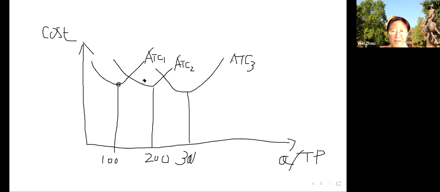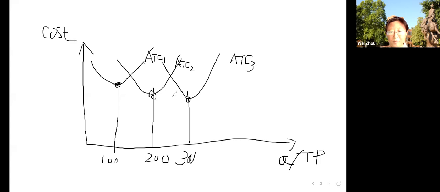In reality, my average total cost is going down a little bit. And if I open more bakery shops, of course, I purchase more flour, so my average total cost goes down more. So if you draw the graph, that lowers the point. I'm going to connect all of them together. That is the long run average total cost.